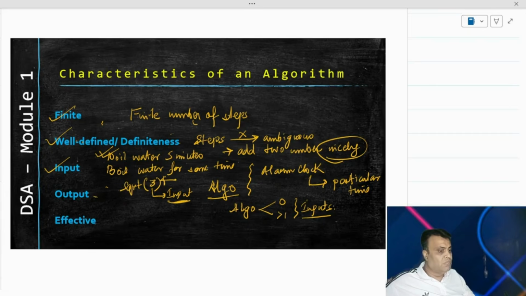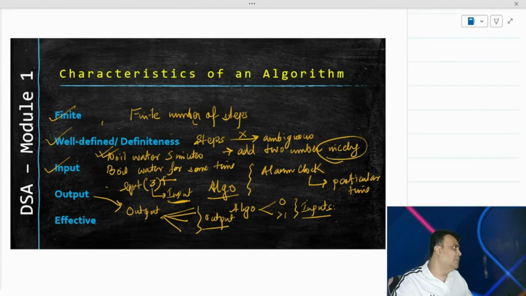How about outputs? Does an algorithm always produce an output? Of course. An algorithm will always produce an output. There is no way an algorithm will never produce an output, either in the form of a print statement, a calculation, or doing something. Some output will be generated out of the algorithm. In the last algorithm that we saw, the tea was created, right? It's an output.